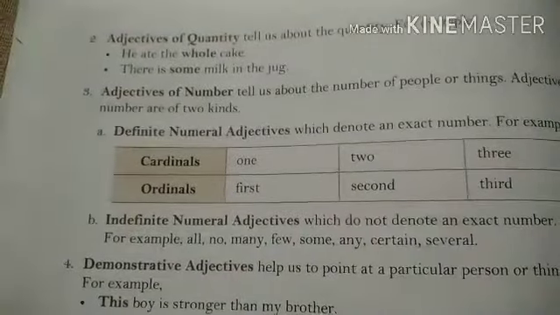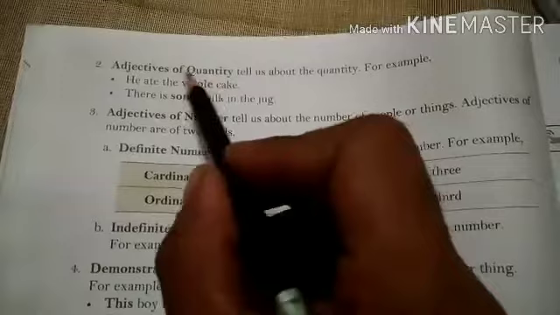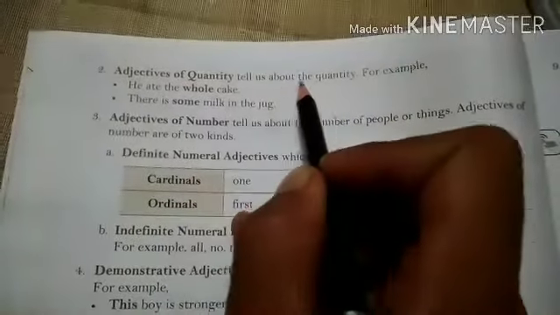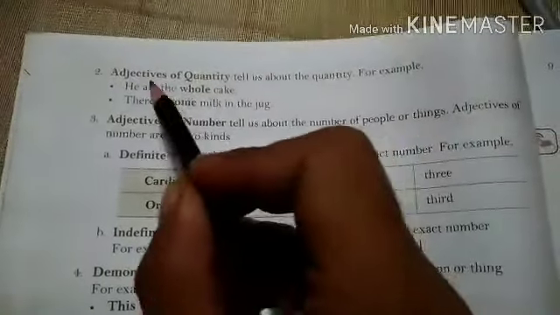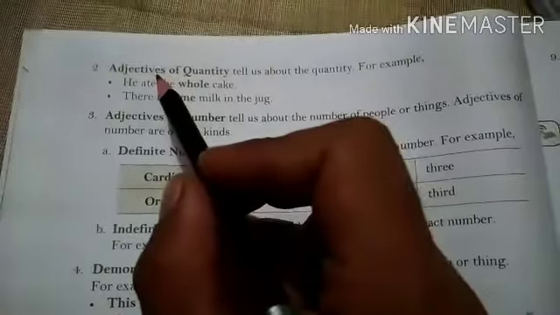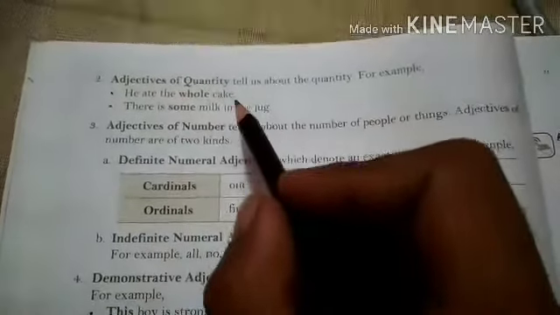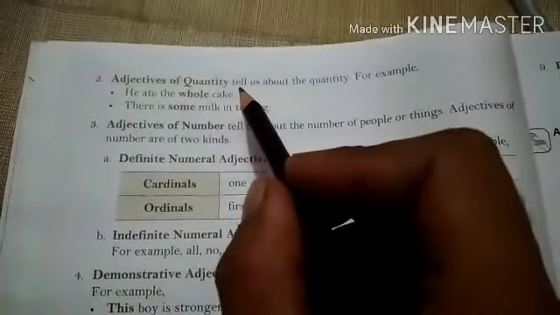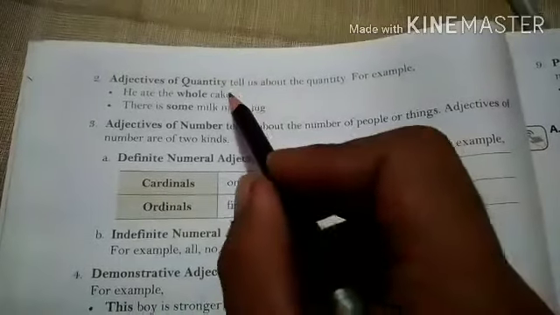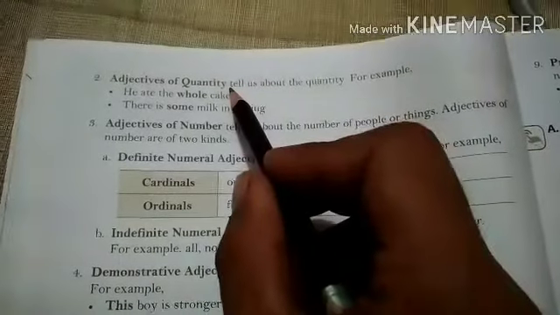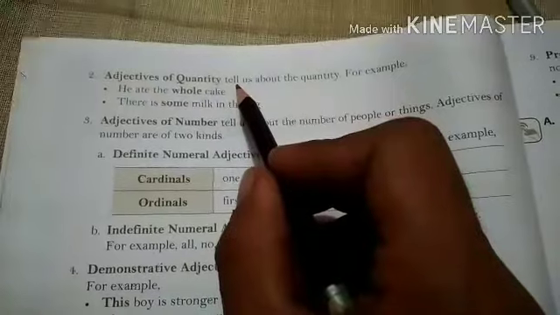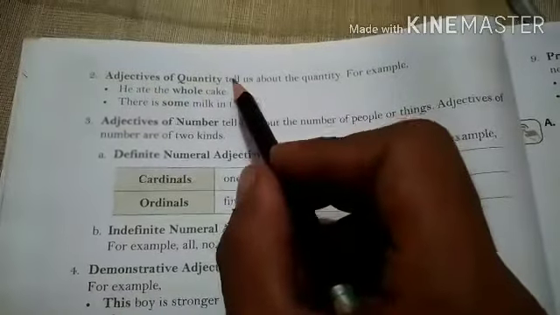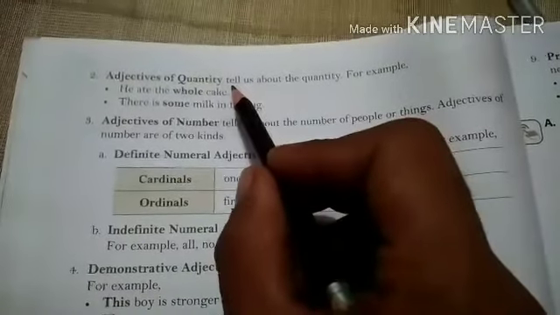Now the other kind of adjective is adjectives of quantity. Adjectives of quantity tell us about the quantity. Mostly whenever we describe uncountable nouns, the words used to describe uncountable nouns are adjectives of quantity, because we cannot count uncountable nouns by using numbers.